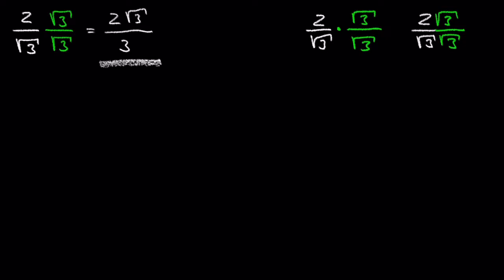The product of the square root of 3 times the square root of 3 we can write as the square root of 3 times 3, which is the square root of 9, which is 3.